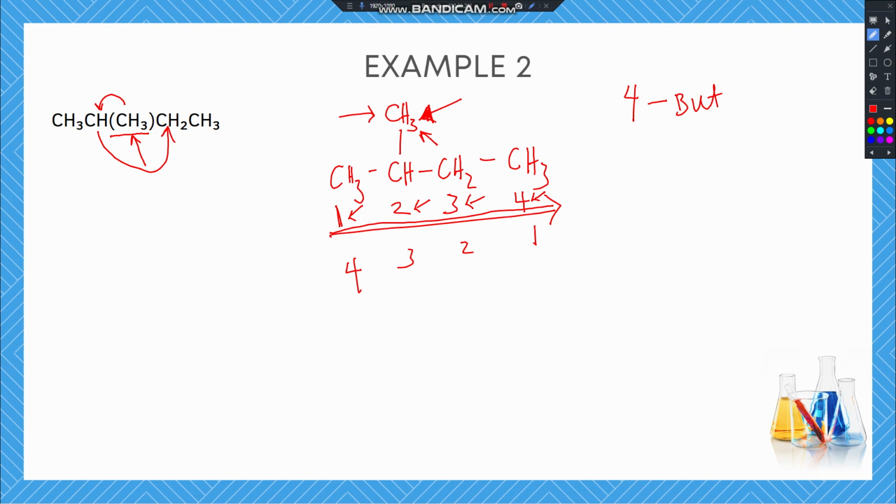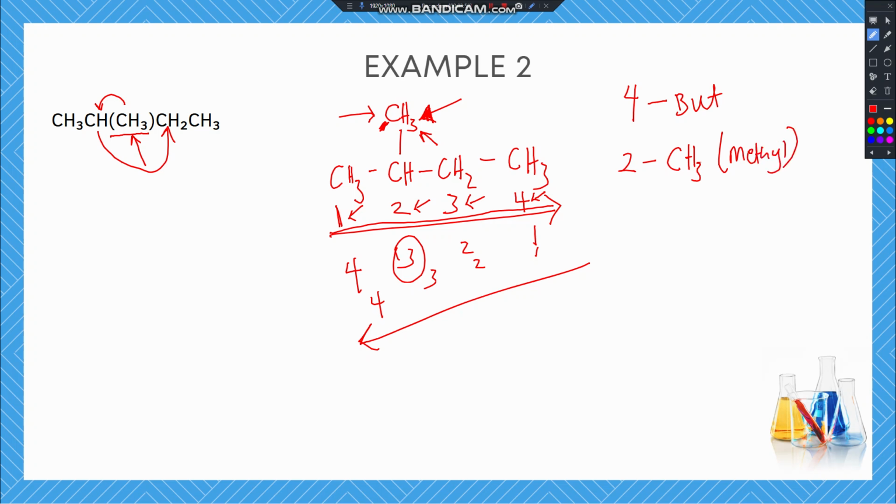We counted in such a way that we gave this branch the lowest number possible, because if we had counted from the right to the left, this would have been 1, 2, 3, 4, and the branch would have been on carbon number 3. But now we counted from the left to the right, so we have on carbon number 2 a branch which is CH3, and CH3 has the name methyl.